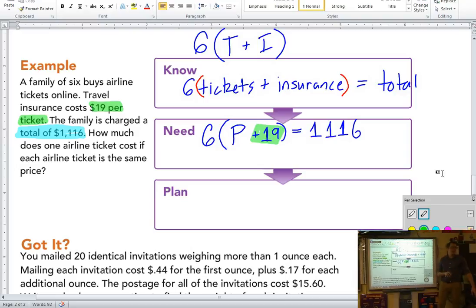So you cannot subtract first. Although your process tells you undo addition subtraction first, that's not 19. That's 19 that will be acted on by the 6. That's the insurance for one ticket, right? So we can't do that first.